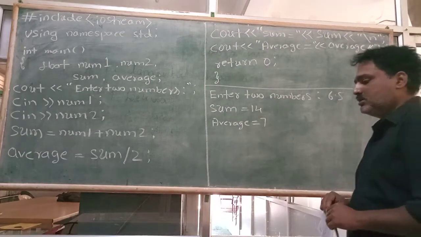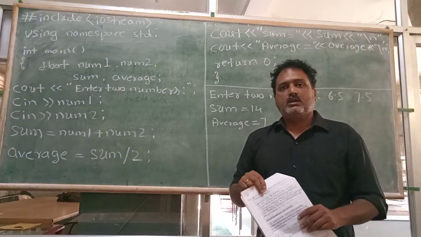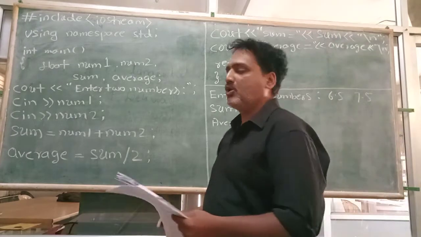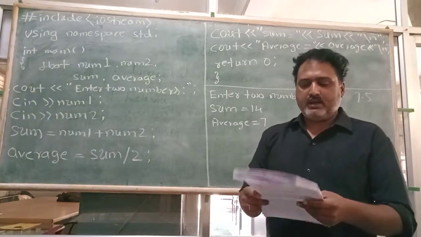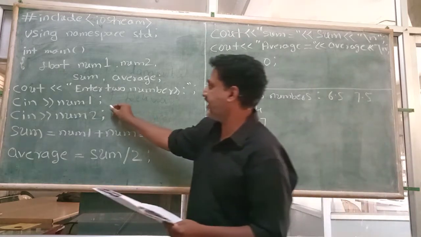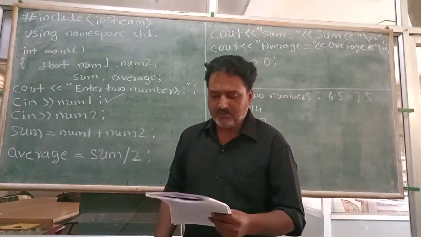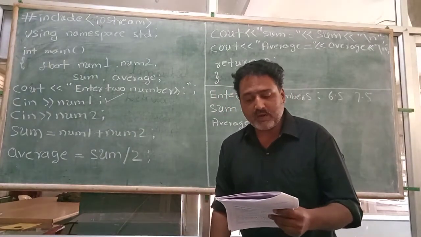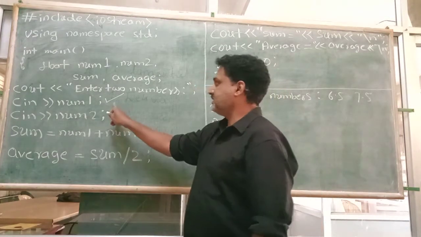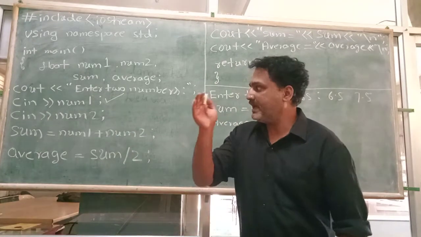Now let me see some points about input and output operators. In the above program, the statement cin num1 is an input statement. It causes the program to wait for the user to type in a number.